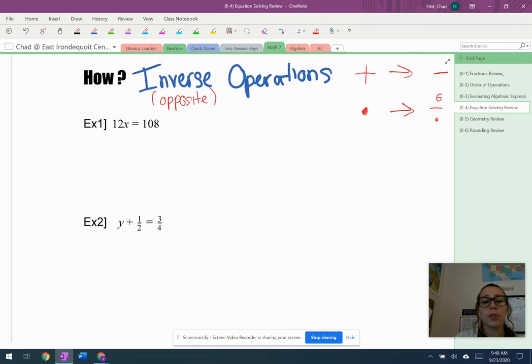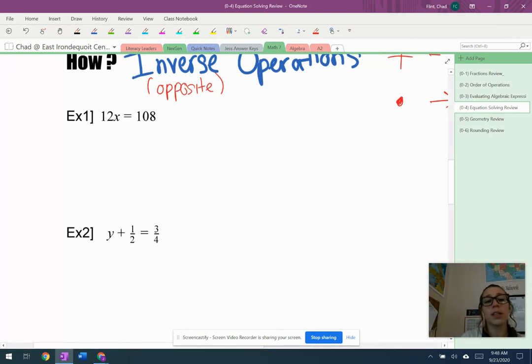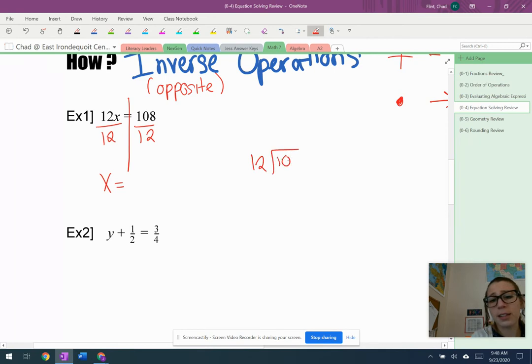So looking at this first example, the variable is not by itself. We can see that on the left side of our equal sign, we have a 12 preventing the variable from being by itself. 12 and that x are being multiplied together, so the inverse or the opposite of multiplication is division. So to get my answer here, I'm going to divide both sides by 12. 12 into 108.